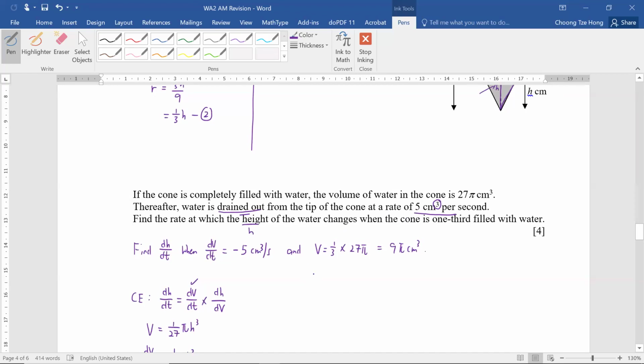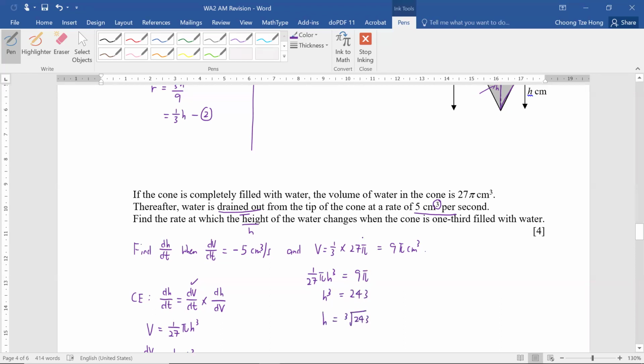So in other words, we can form an equation. V is 1 over 27 pi h³ equals 9 pi. We can take away the pi first. So h³, then we multiply by 27 on both sides. So h³ will be 9 times 27, which gives us 243. Then h will be the cube root of 243.